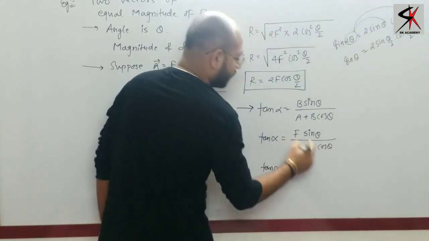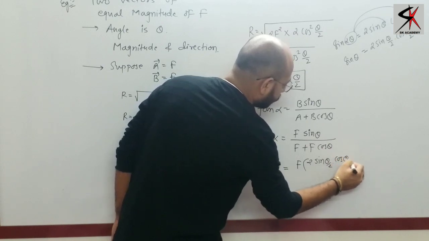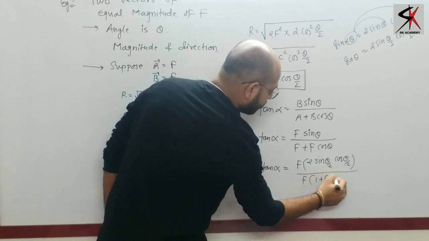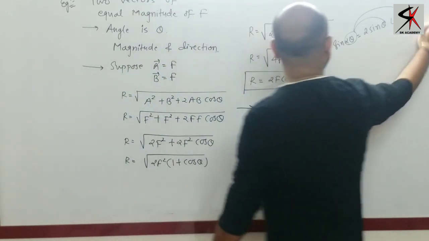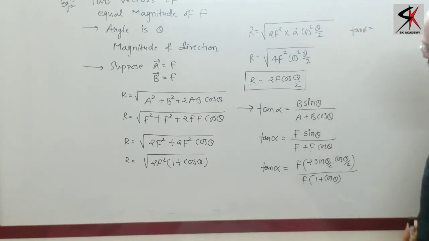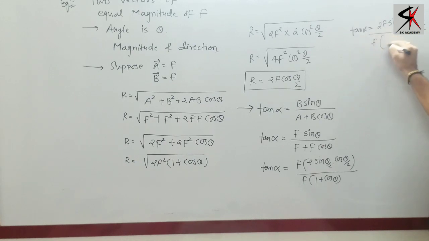So here sin theta becomes 2 sin theta by 2 into cos theta by 2, divided by f common, 1 plus cos theta. So the final equation becomes tan alpha is equal to 2f sin theta by 2 into cos theta by 2 divided by f into 1 plus cos theta, and f into 1 plus cos theta means 2 cos square theta by 2.